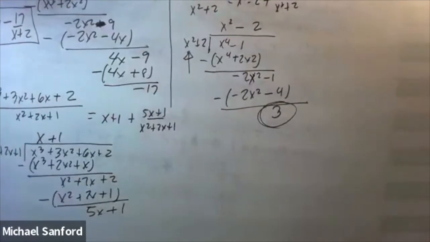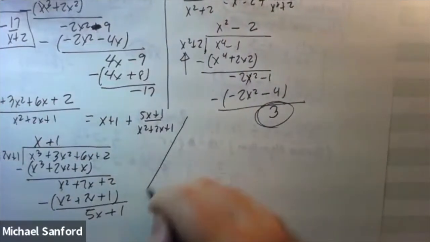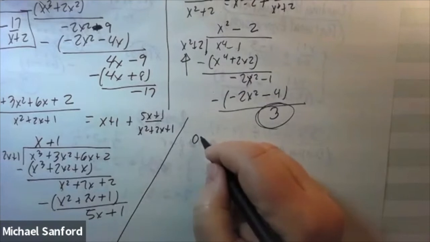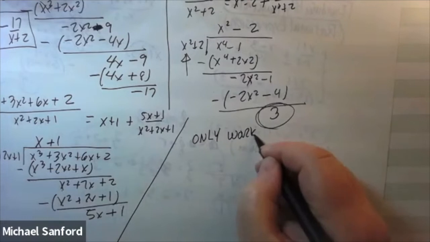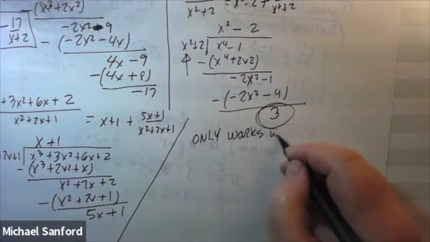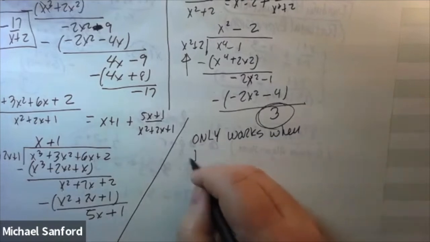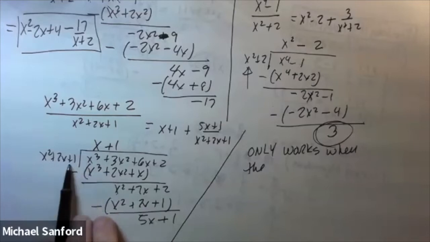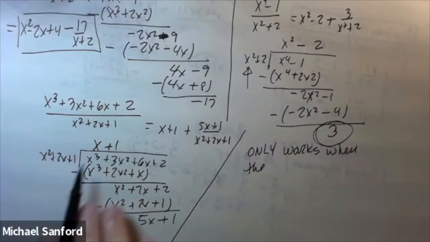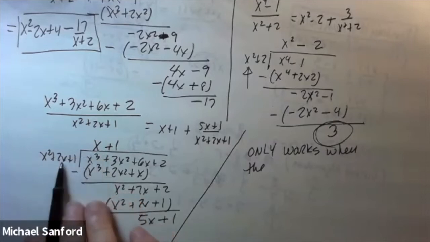All right, so here's the other way of doing it. And this only works when, let's see, what is this? I always forget these names. Divisor, dividend, remainder, quotient, divisor, dividend.